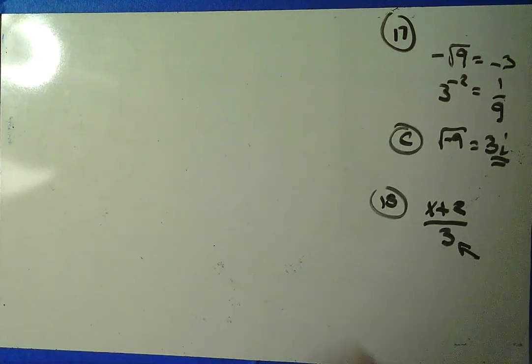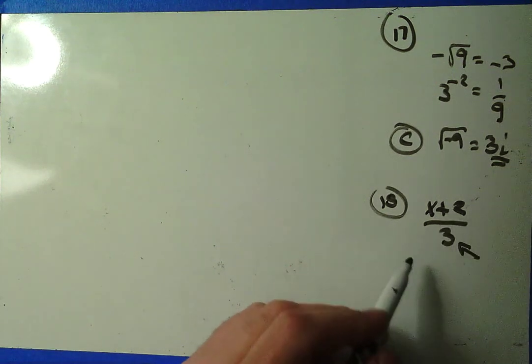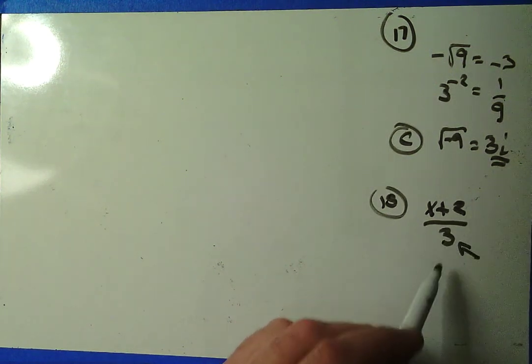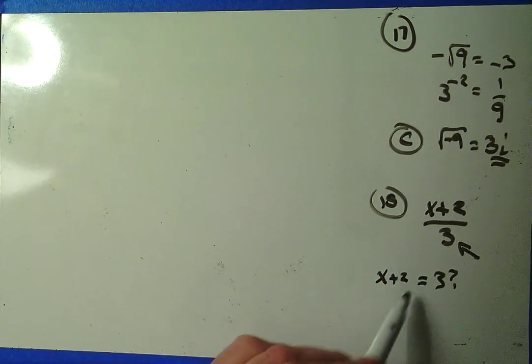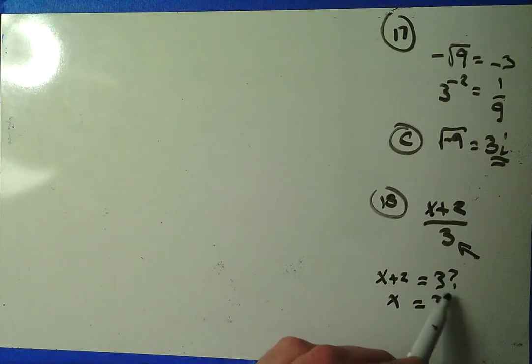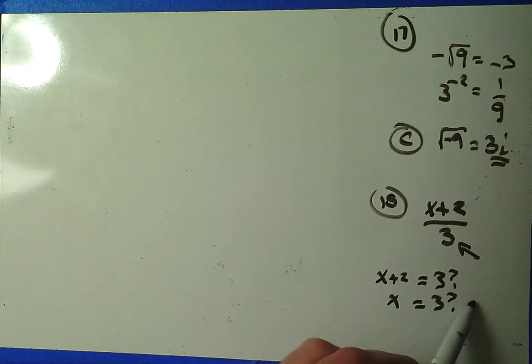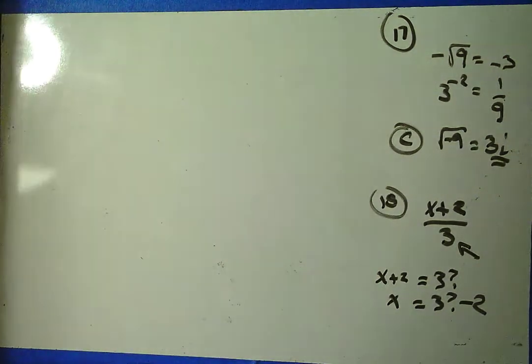So I'm looking for a number that's divisible by 3 when I add 2 to it. So 3 times a number is x plus 2. X equals 3 times a number minus 2. Yeah, no, that's not helping.